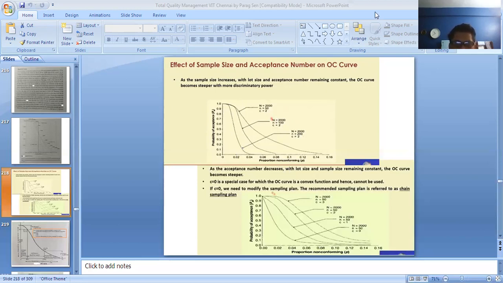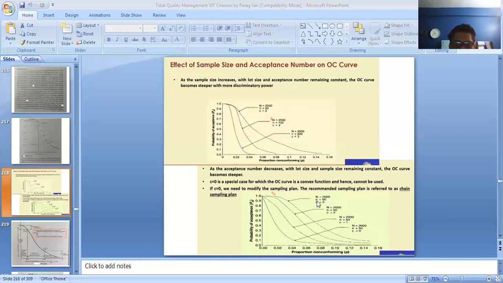Now conversely, as the acceptance number decreases with lot size and sample size remaining constant, the OC curve becomes steeper. So in this case, what is happening? The lot size is fixed. For all the cases, capital N is equal to 2000. Small n is 50, that means the sample size is also fixed.